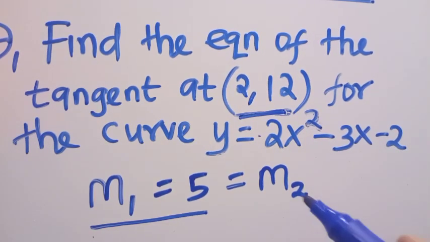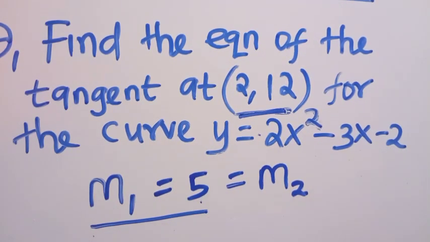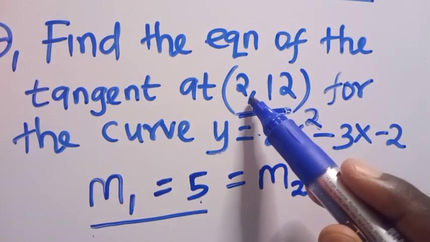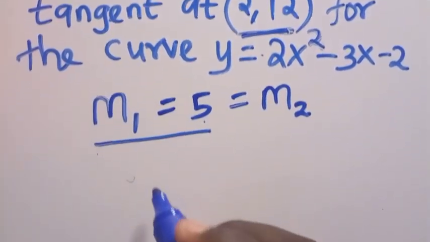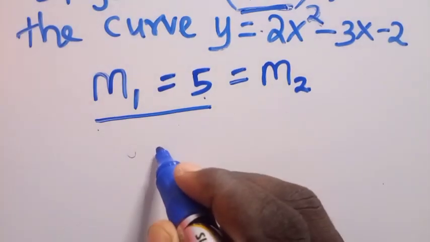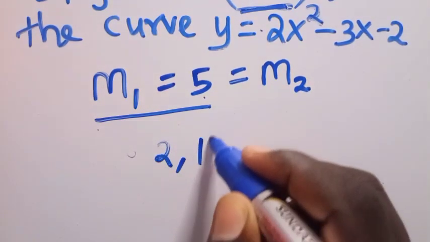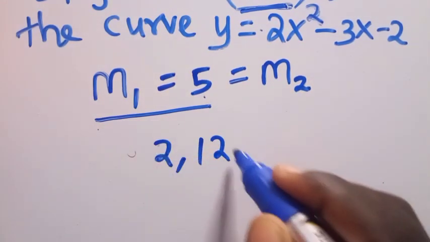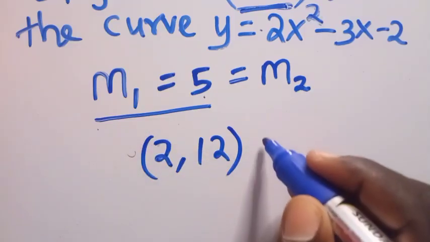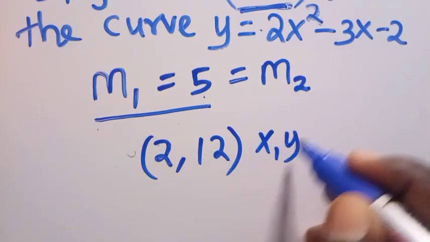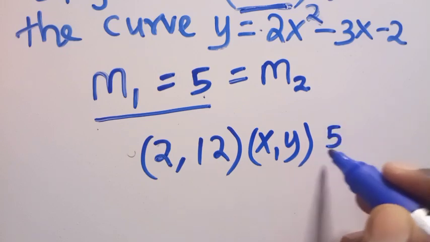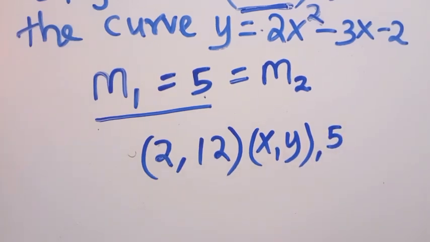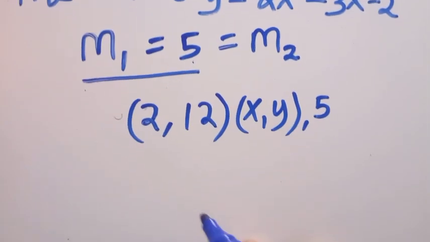Now, having the gradient of the tangent as 5 and the coordinates (2, 12), we shall find the equation of the tangent in this form. That is (2, 12). Then we take the general point (x, y). Then we take our gradient of the tangent, which is just 5. Then we proceed to find the equation.